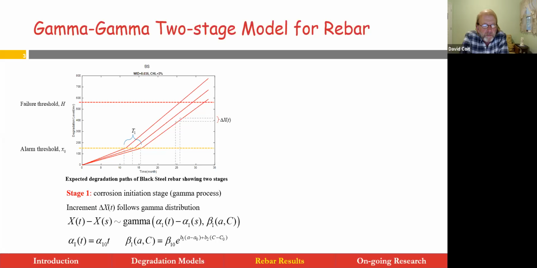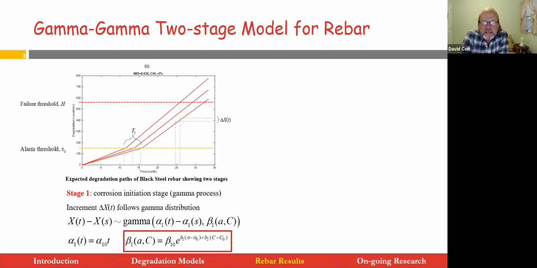And that seemed to work best. So we have the 5 different crack sizes, and so we have area, width times depth, not too difficult. But we see along the bottom there, the beta parameter, this is for stage 1, is a function for the crack and the chloride level.